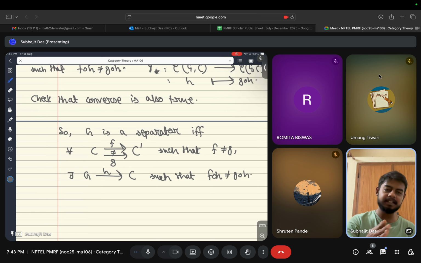It can detect the distinctness between two morphisms.